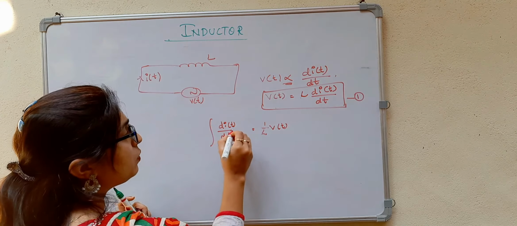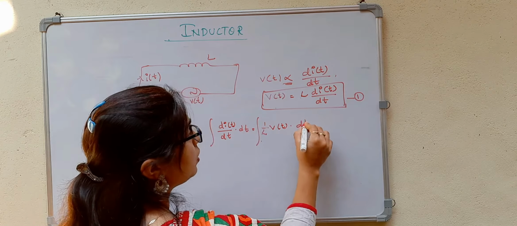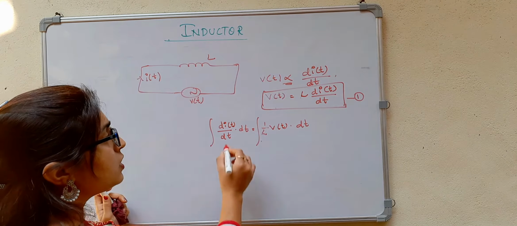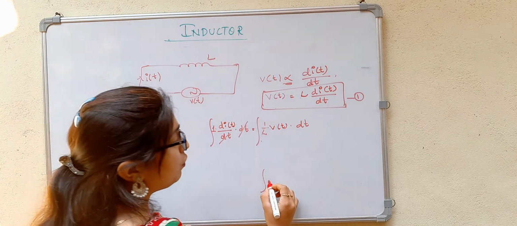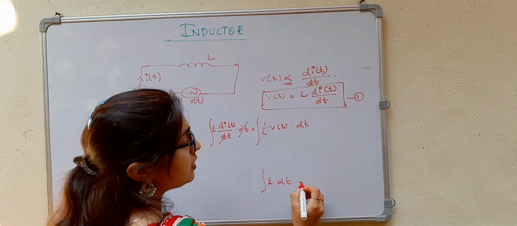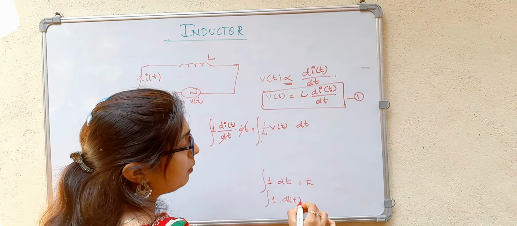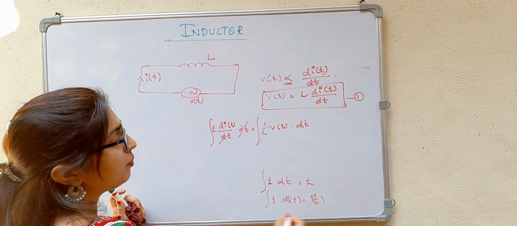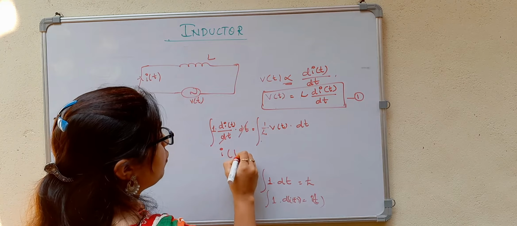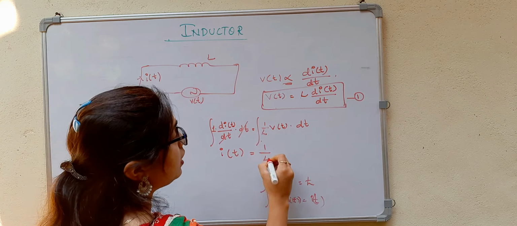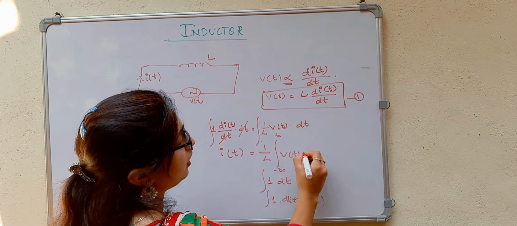Now integrating with respect to t, the dt terms cancel, so 1 into di t, like 1 into dt equals t, gives i t. So i of t equals 1 by L, integral from minus infinity to t of V of t dt.